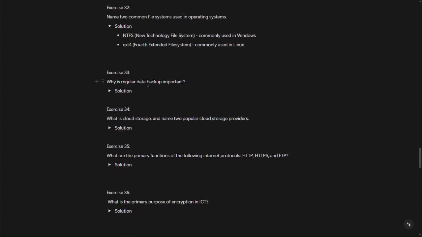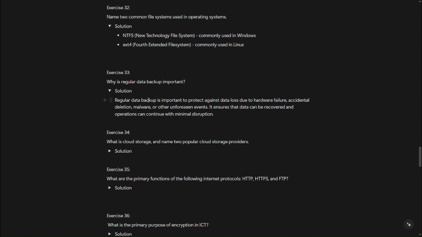Why is regular data backup important? We make the backup of our data to protect our data. Regular data backup is important to protect against data loss due to hardware failure, accidental deletion, malware, or other unforeseen events.